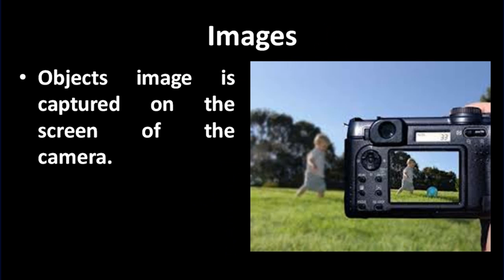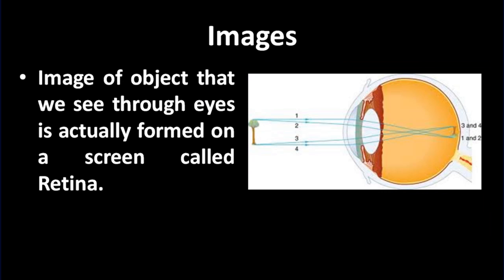Let us try to understand what are the types of images. You have used a camera. In a camera, the object's image is captured on the screen of the camera. You have seen the working of a projector.